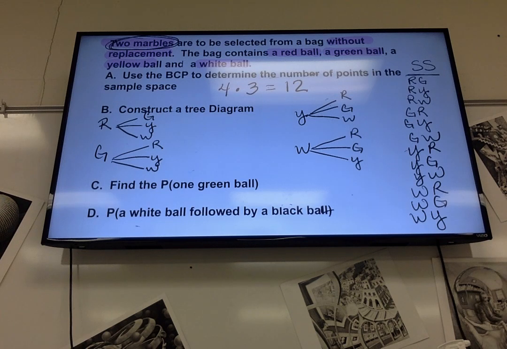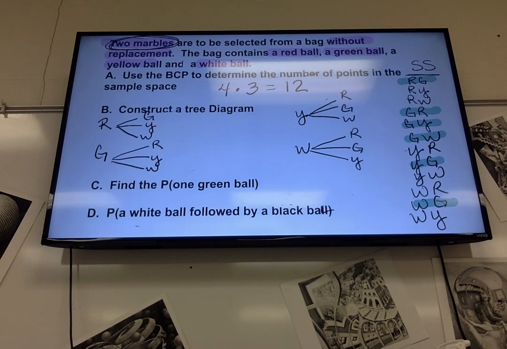So for part C, it says find the probability that you pick one green ball. So I'm going to highlight all the ones that have G in them. How many of them are there? 6.